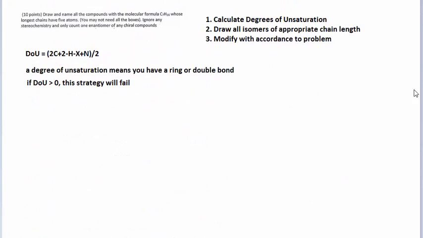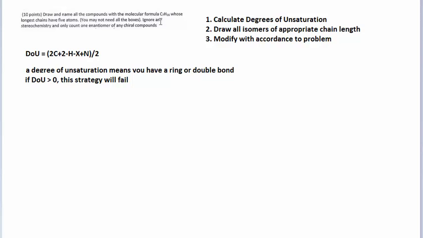So if you have degrees of unsaturation greater than 0, that means the possibilities include rings, double bonds, and triple bonds. Okay, so the first thing you do when you start this problem is you make sure your strategy could work. The way you do that is you use this formula and you see if you have DOU equal to 0.